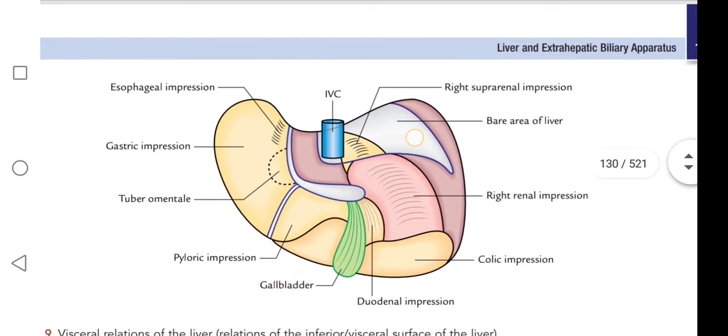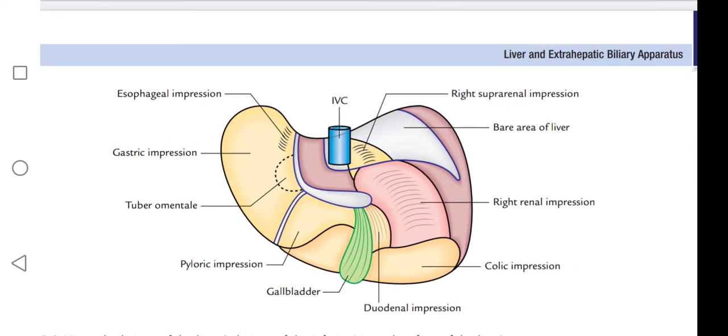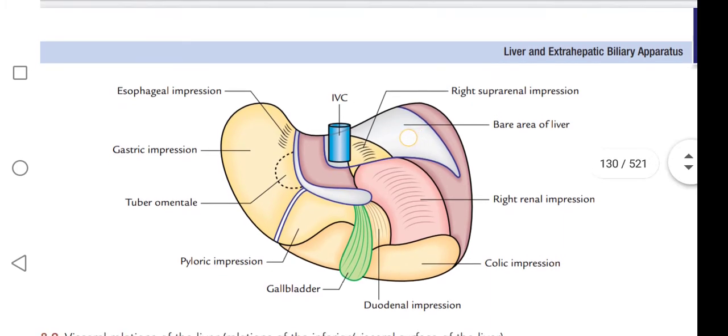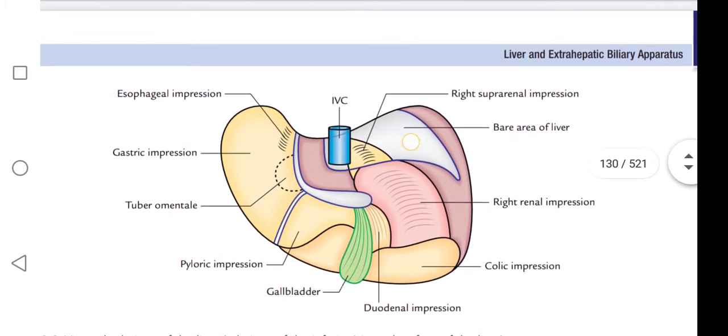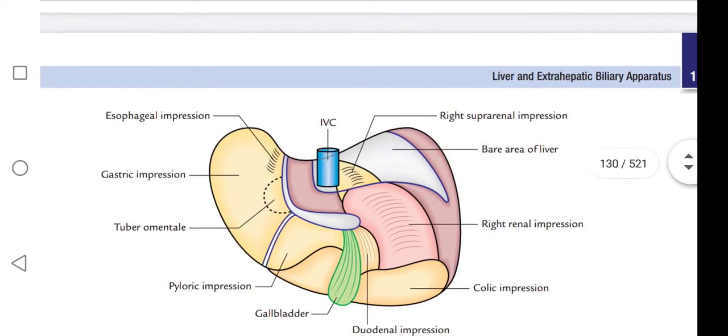It is related to the right of the inferior vena cava, and related to the right suprarenal impression. The bare area of the liver is present between the layers of the coronary and right triangular ligaments.